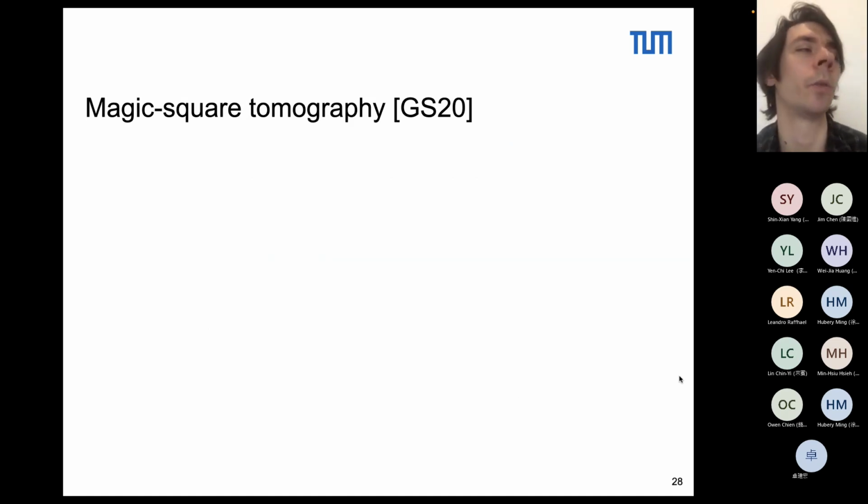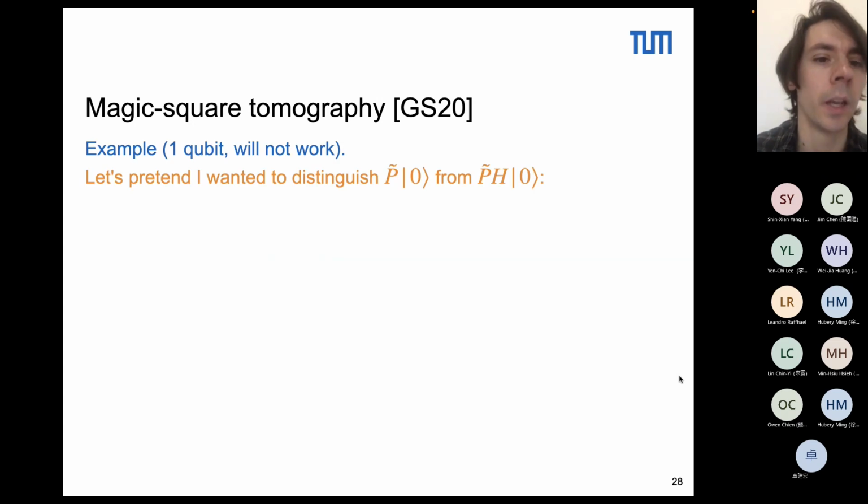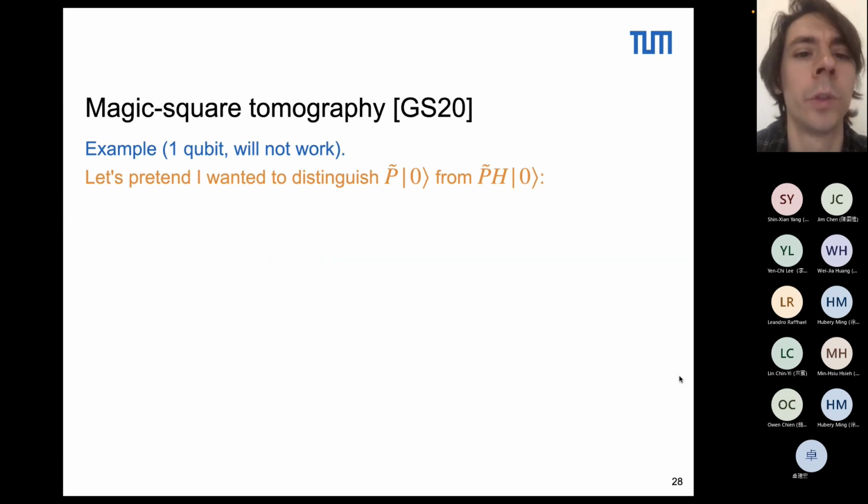Okay, but the main idea relies on magic square tomography, which is a really nice idea, so that's why I wanted to present it. I will start with an example with 1 qubit, and it will not work. And this is why we use 2 qubits, and we need this cyclic structure to be able to have 2 qubits.